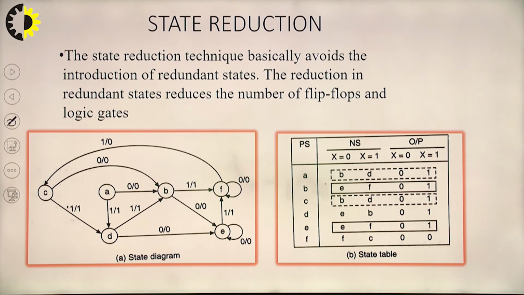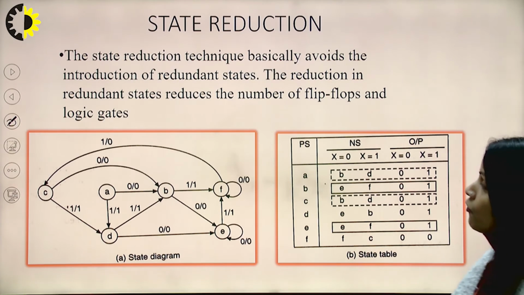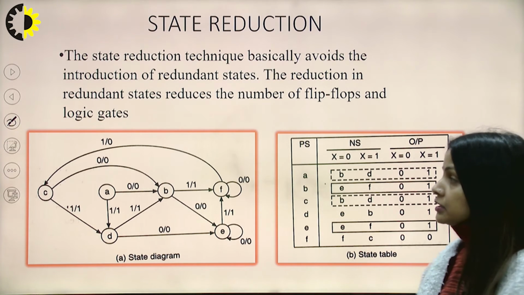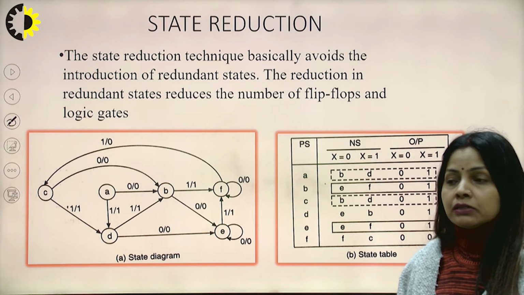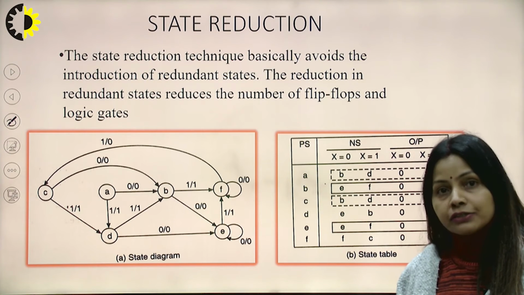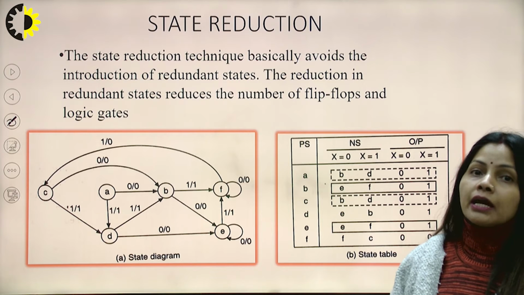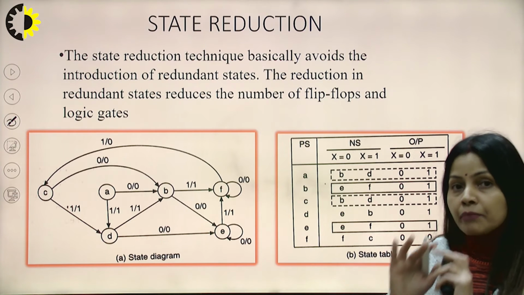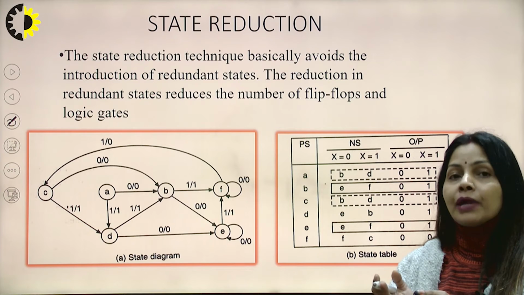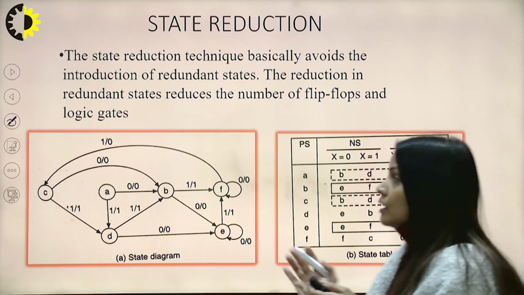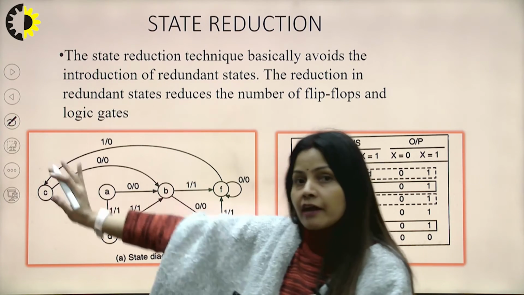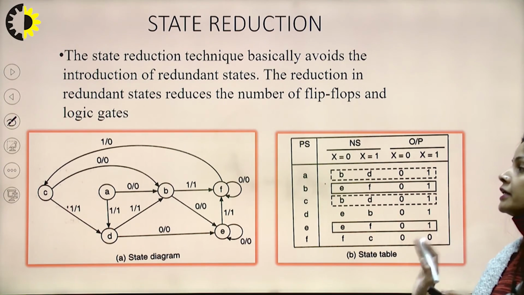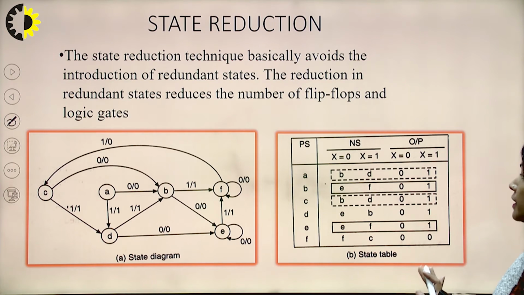The state reduction technique basically avoids the introduction of redundant states which are repeating. That means the states, the transitions, the inputs and outputs are repeating and making the whole system complex. So we are making all the possibilities in the state diagram, and we have an option to reduce the redundant states using the state table.